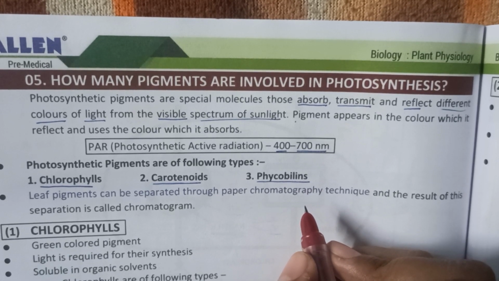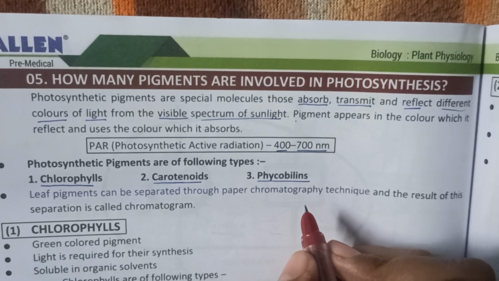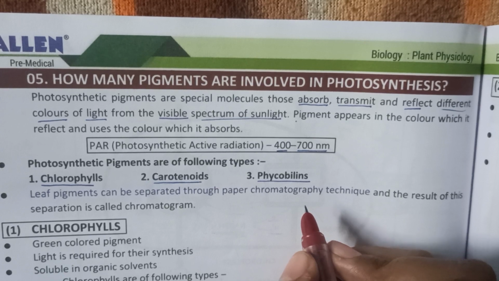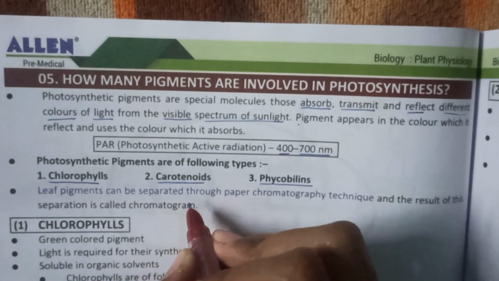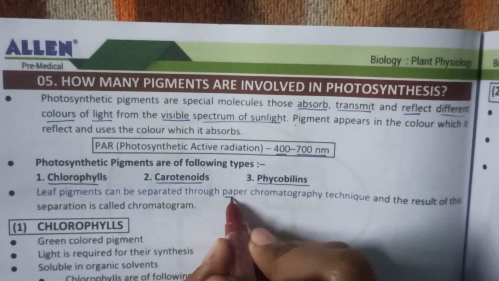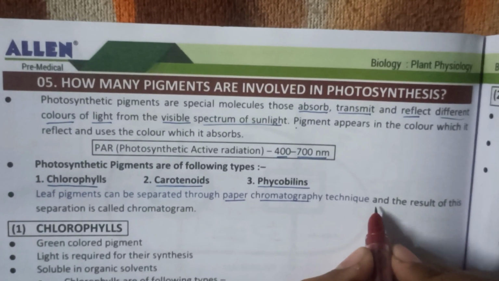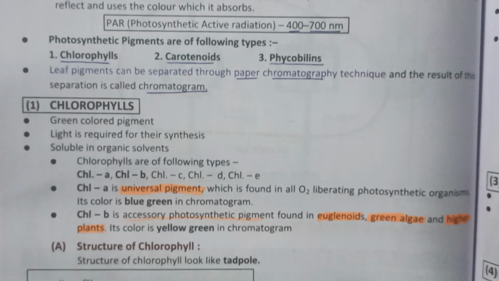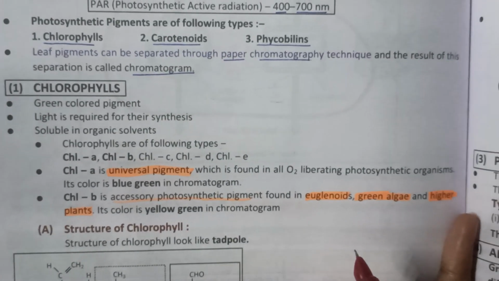These pigments will be present in the cytoplasm itself. These leaf pigments can be separated through the paper chromatography technique, and the result of the separation is called a chromatogram.